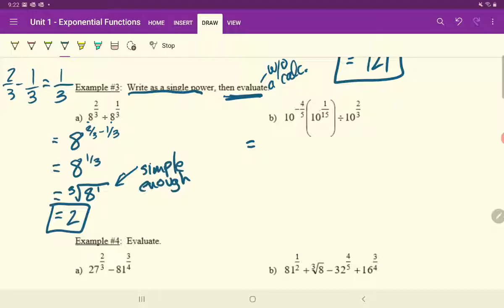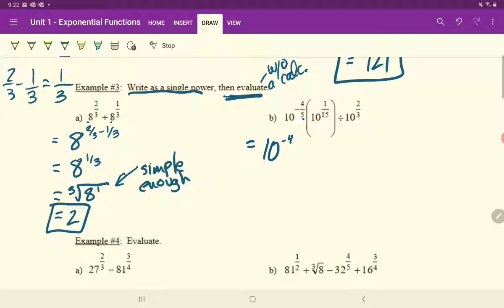have common denominators. Because as you can see here, we have all common bases of 10, right? So this is 10 to the power of negative 4 over 5 times 10 to the power of 1 over 15. So if you're multiplying the same base, you can add the exponents.